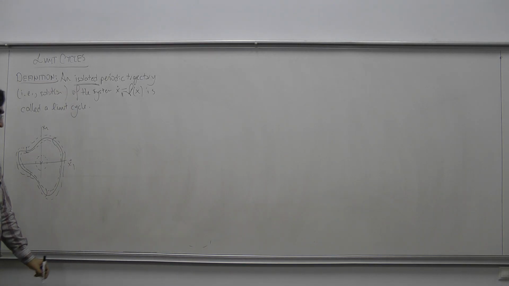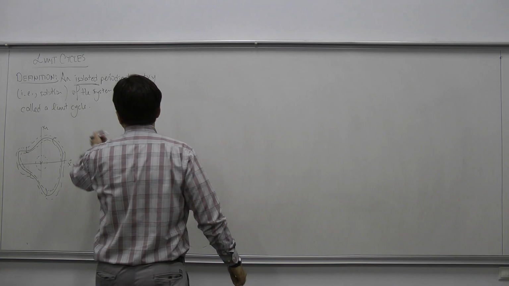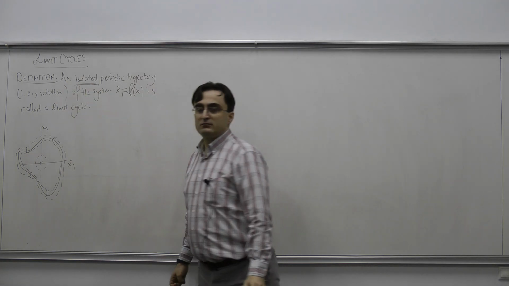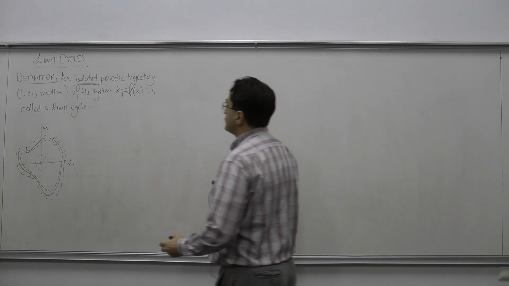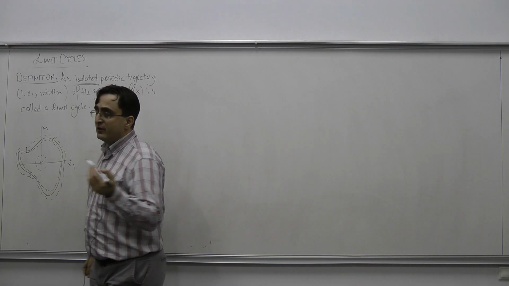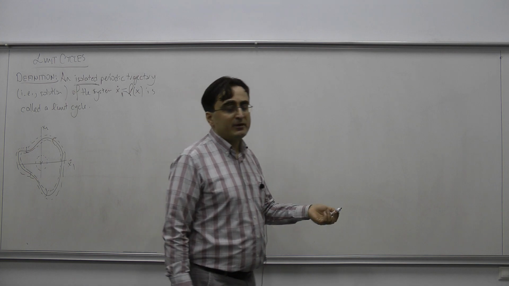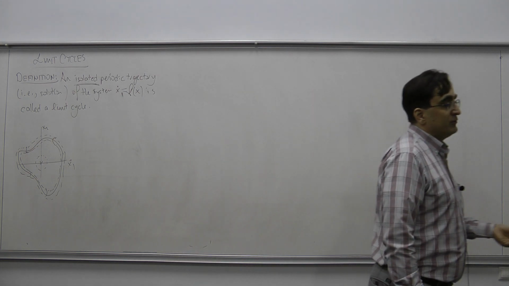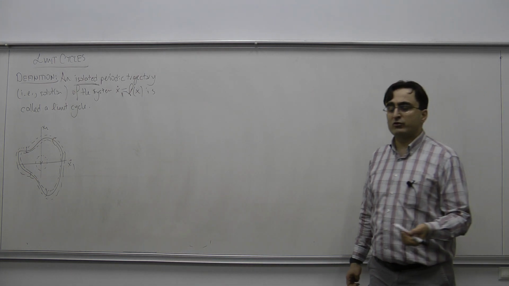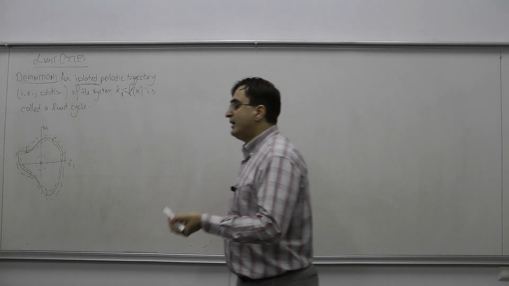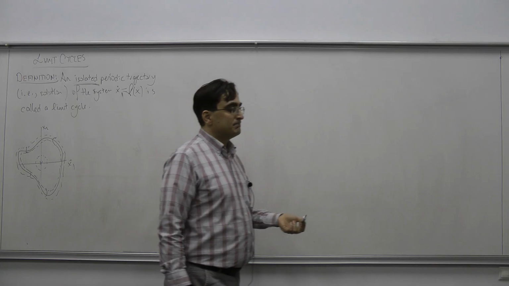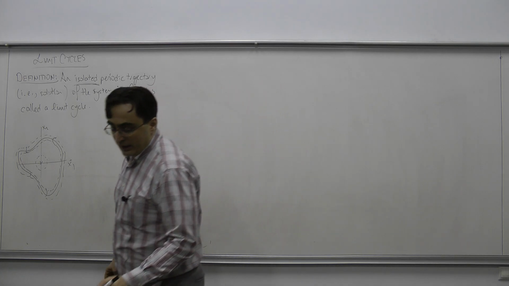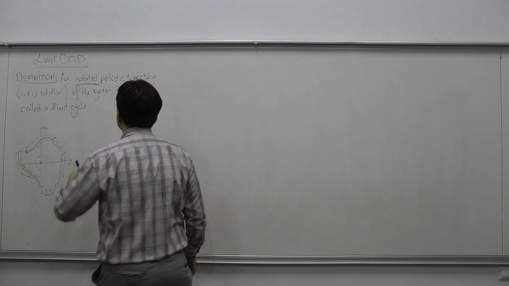That is the meaning of isolatedness in that definition. So a periodic trajectory is not always a limit cycle. We can call a periodic trajectory a limit cycle if and only if it is isolated. Now let us look at the following example.